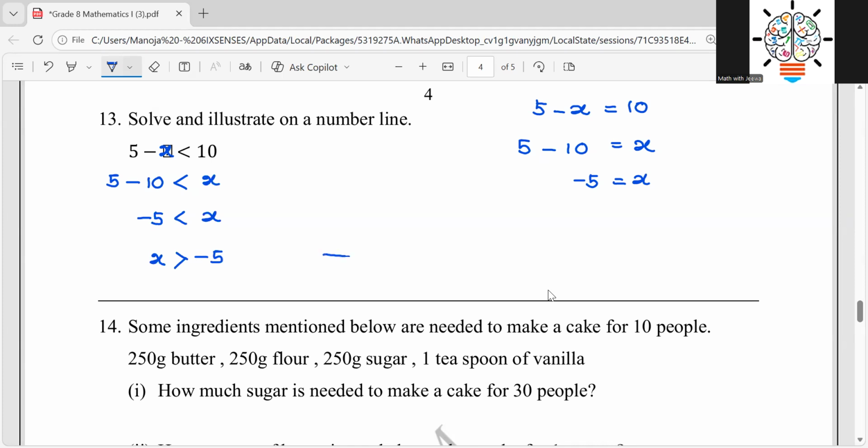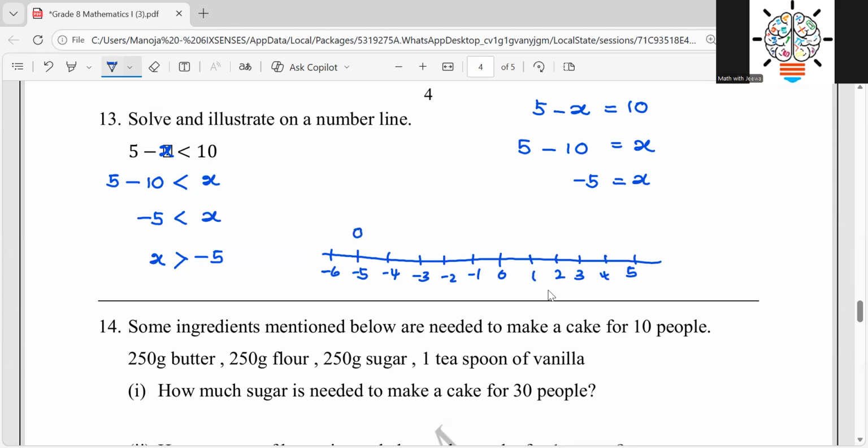So then how am I going to show this? I draw the number line. This is 0, negative 1, negative 2, negative 3, negative 4, negative 5, negative 6, and here 1, 2, 3, 4, 5, like this. And I mark it as not equal, therefore I can't color it.